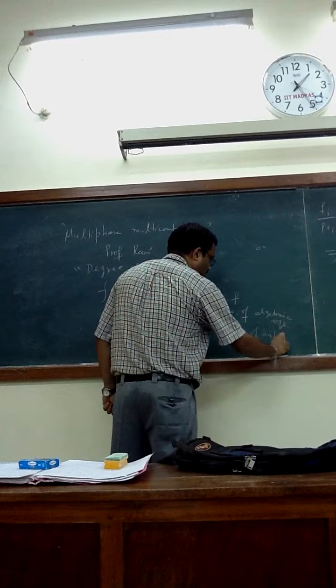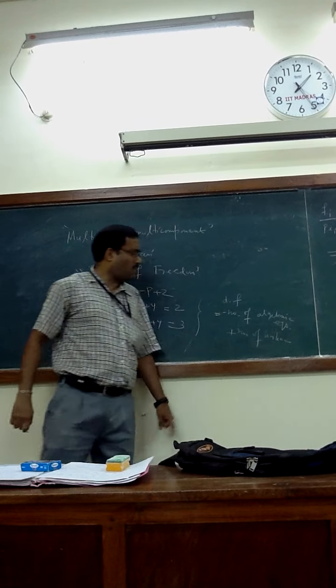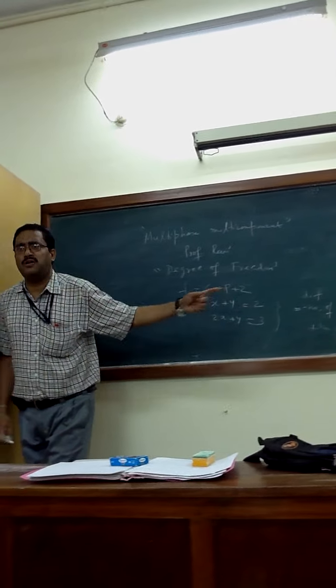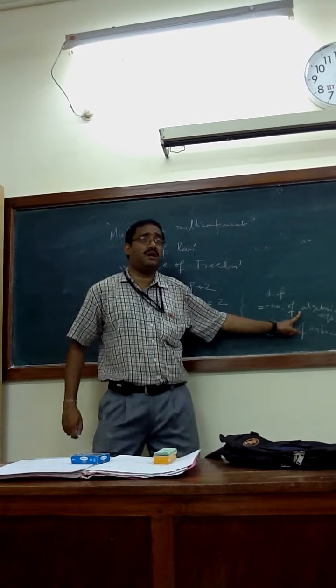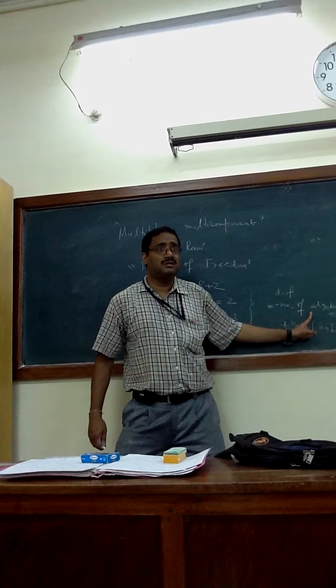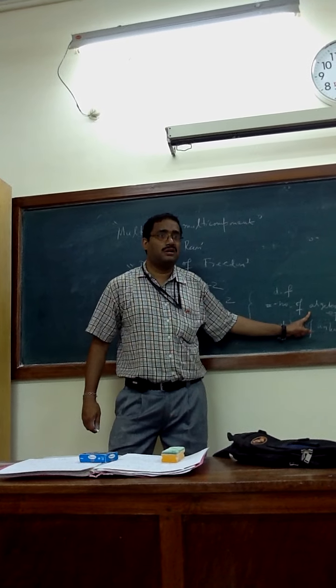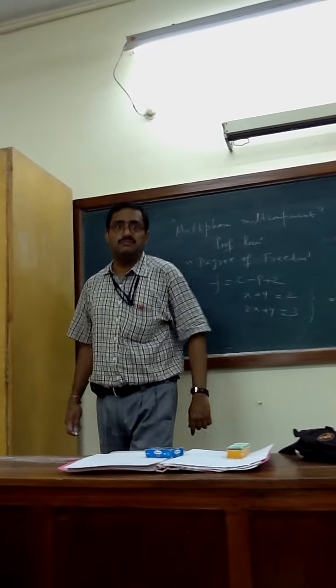What it says is that if the number of unknowns equals the number of independent algebraic equations, then you get a unique solution because the degree of freedom is 0.